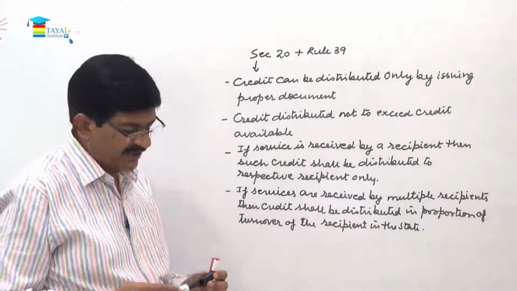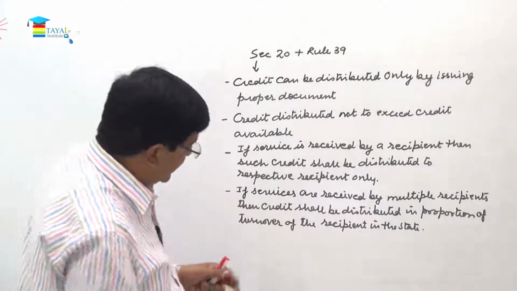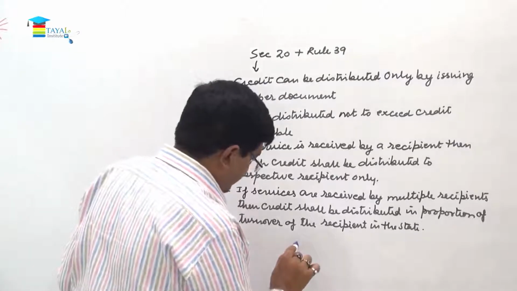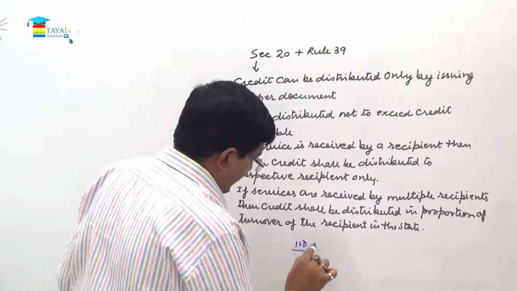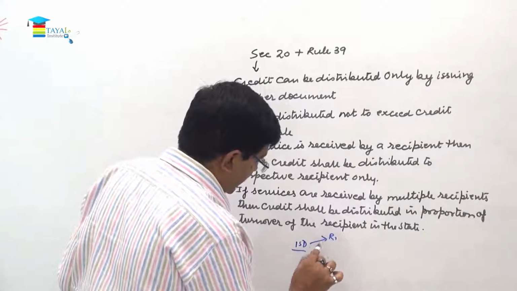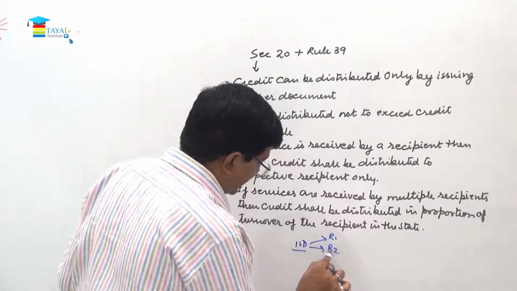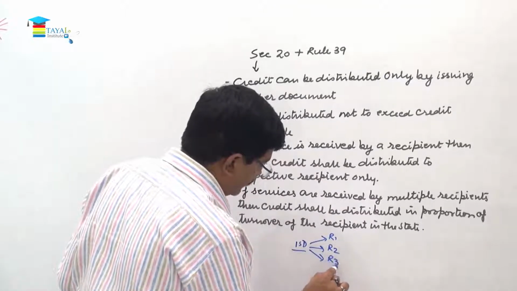Right? Now the same example again, input service distributor having multiple recipients R1, then R2, then R3, then R4.